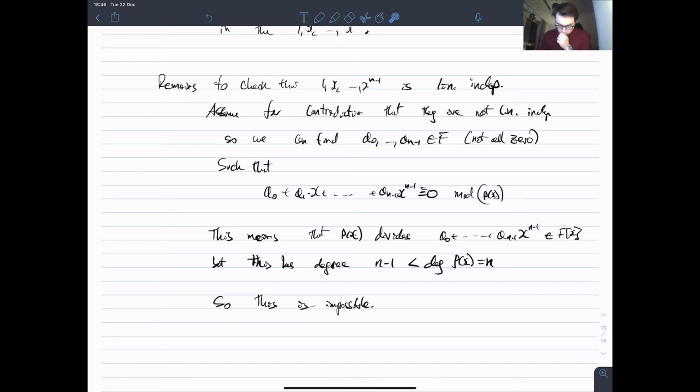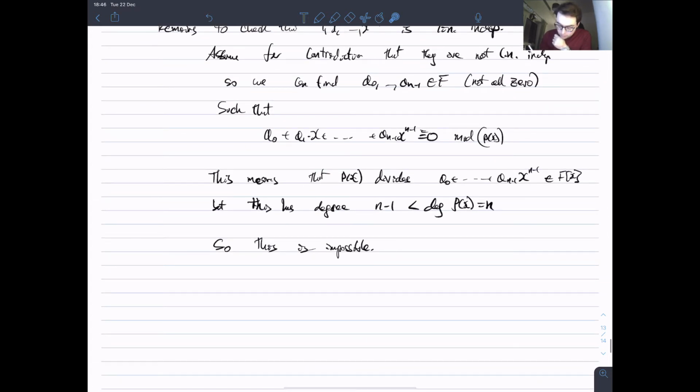So it's like you're trying to divide a polynomial of degree 9 by a polynomial of degree 10, so it doesn't work. So it's impossible. Therefore, 1, x, ..., x to the n minus 1 must be linearly independent. And we checked that it spans, and we checked that we have linearly independent basis vectors.